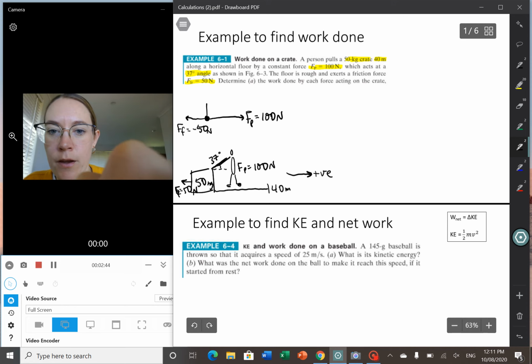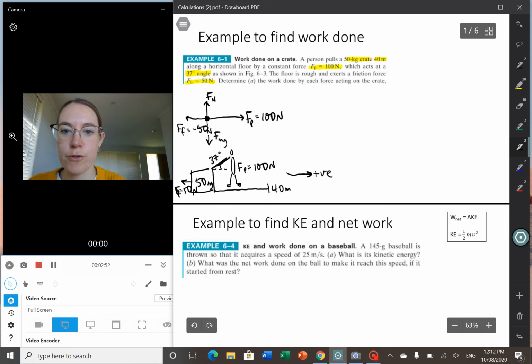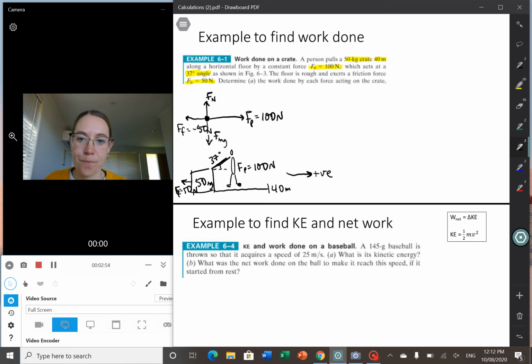I'm going to have normal force, and I'm going to have force due to mass times gravity. And those are going to be equal to one another because we know that the crate's not flying up into the air or falling through the floor. So I'll list my givens now.